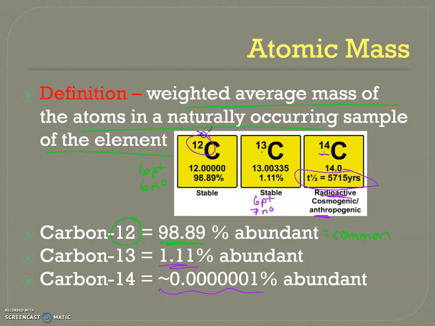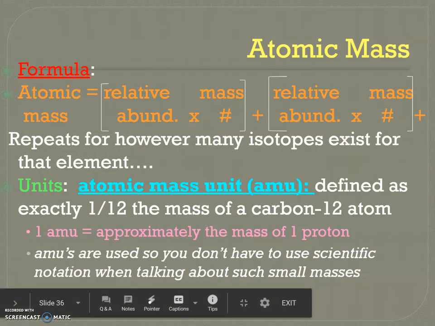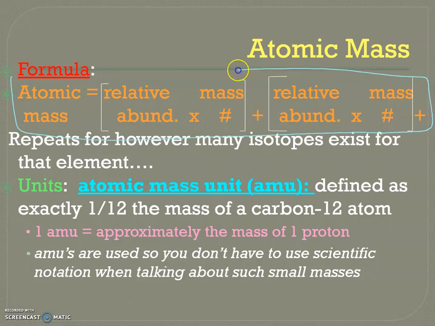So how can I take the average of all three of these when two of them are really not common? That's where we get this weighted average. And if your grades are determined with a weighted average, that's exactly how it's done. So what we do is take the relative abundance, which is the decimal form of our percent abundance, and multiply it by the mass number of that isotope.